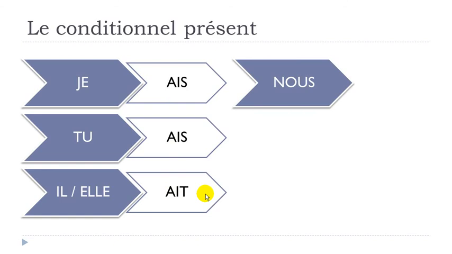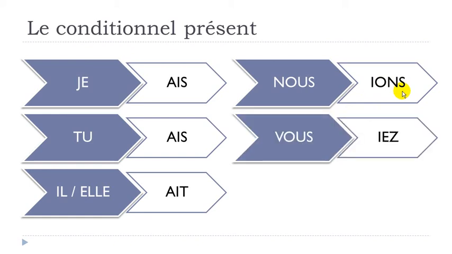So now let's see nous, and nous goes like I-O-N-S, okay? And it should be pronounced ion. Remember, final S is not pronounced. Ion, okay? Then for vous, it goes like I-E-Z, and it goes like ié, okay? Remember when you get this I before, it goes like ye, okay? So that's the reason why we had this ion here, and then ié.